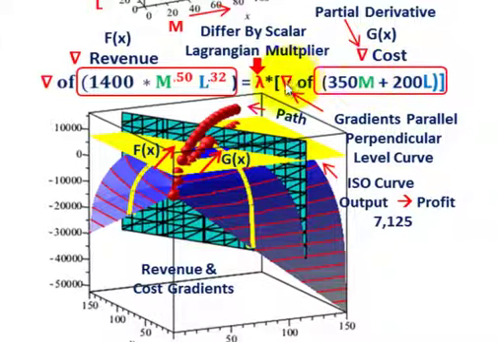So we're taking the partial derivative of both the revenue and the cost. They're different only by a scalar, the Lagrangian multiplier. The gradient of our revenue, and remember that's pointing in the direction of greatest increase, equals, again, the Lagrangian multiplier that we've calculated times the gradient of our cost function.